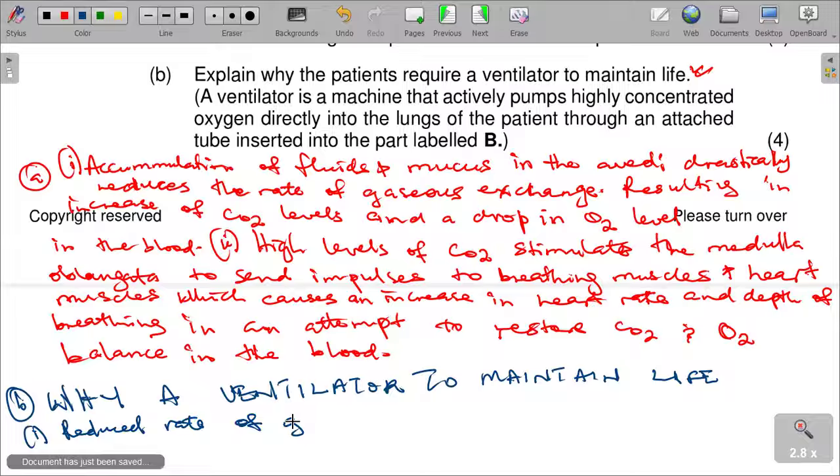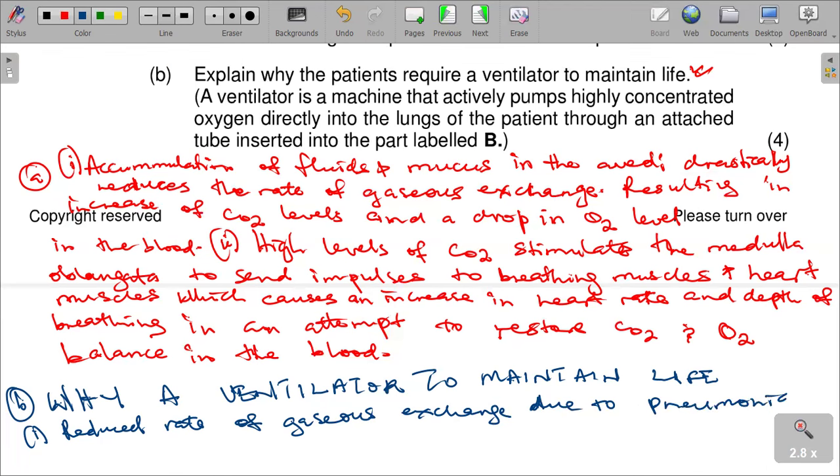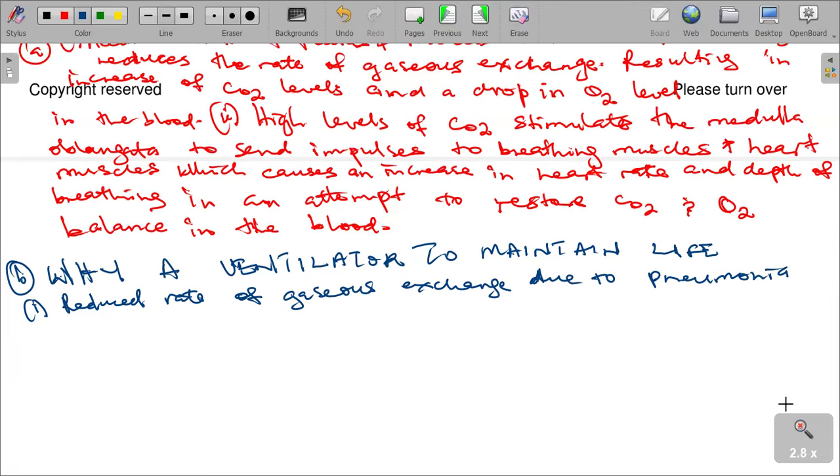Reduced rate of gaseous exchange, which is due to pneumonia, actually leads to a drop in oxygen in the blood.